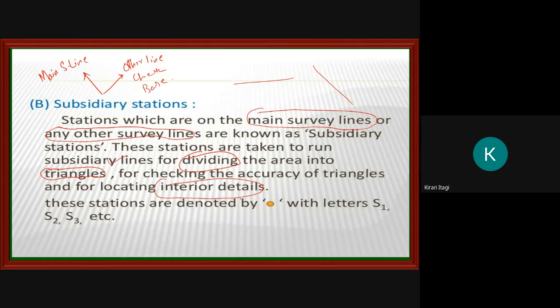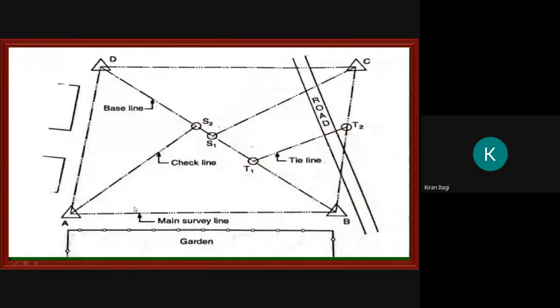These stations are denoted by what? O or 0 with letters S1, S2, S3. Here you can see these are the subsidiary lines, and you can see these are located on the baseline.